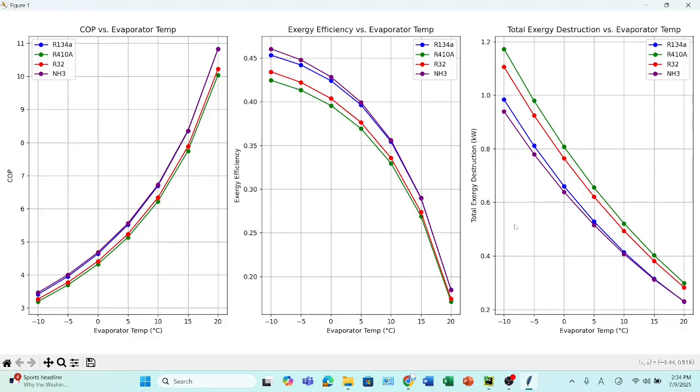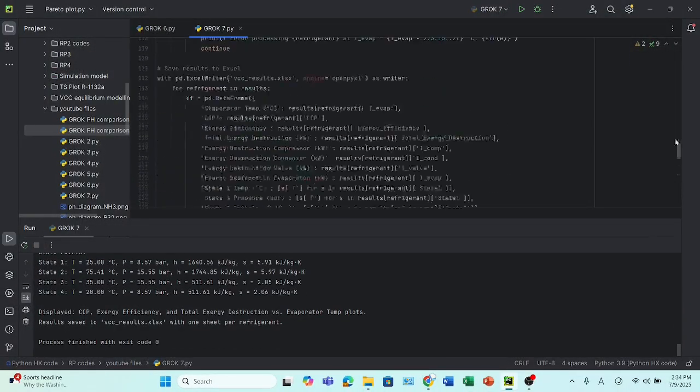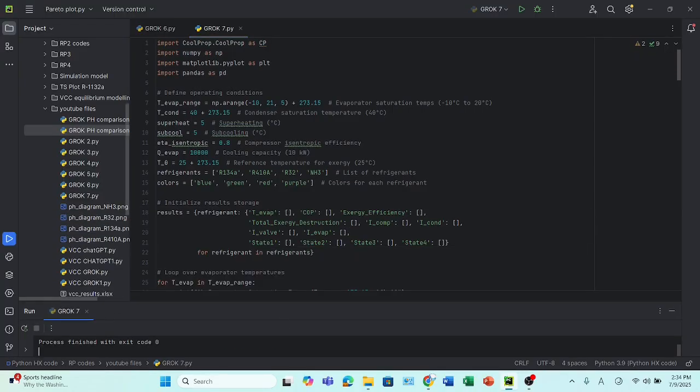So these two things are contradicting, which means there is some error in the code. So we have to check the code and see how it is calculating these.